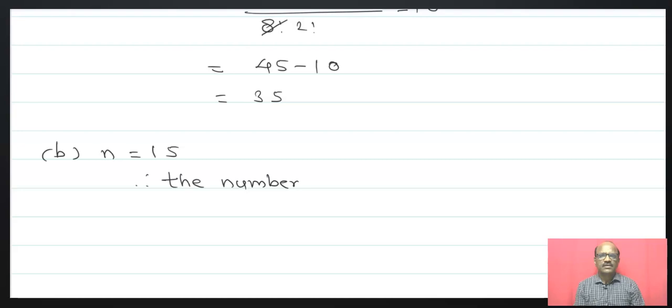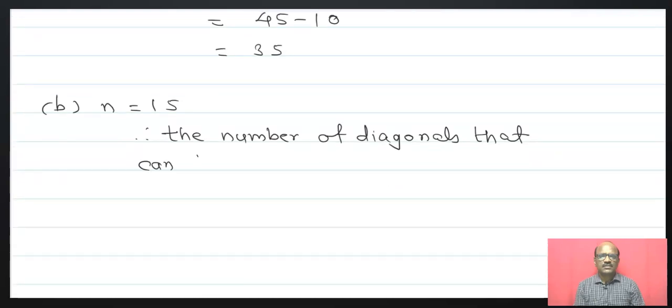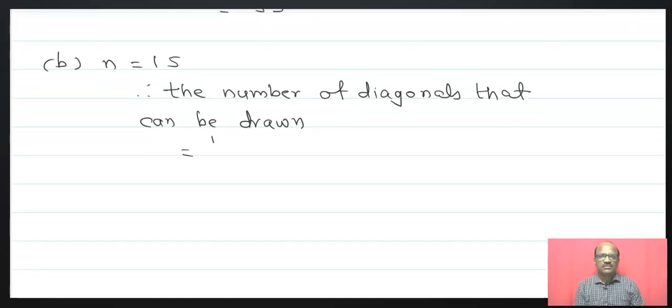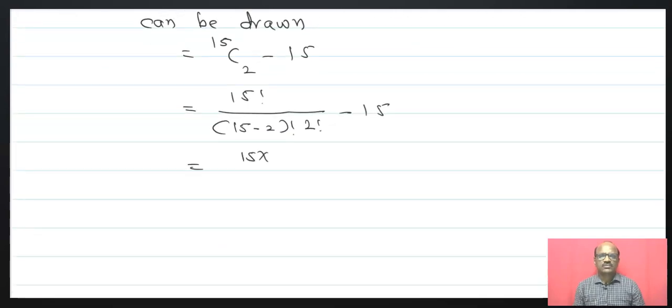Therefore, the number of diagonals that can be drawn is equal to 15C2 minus 15.